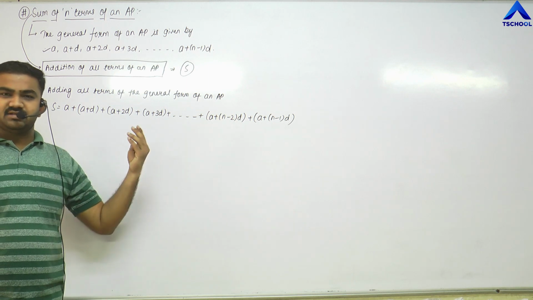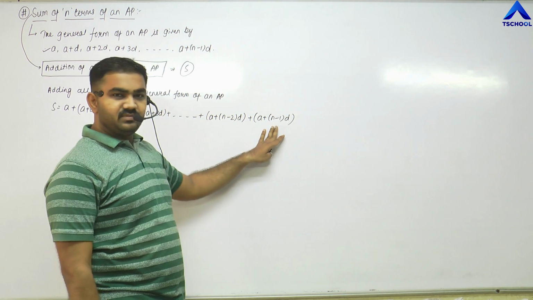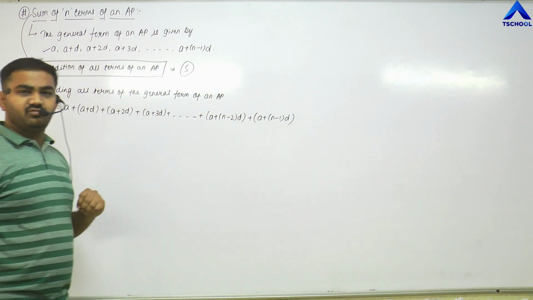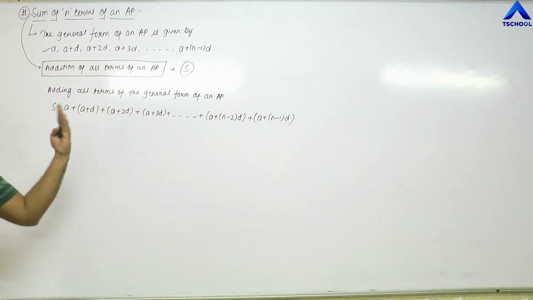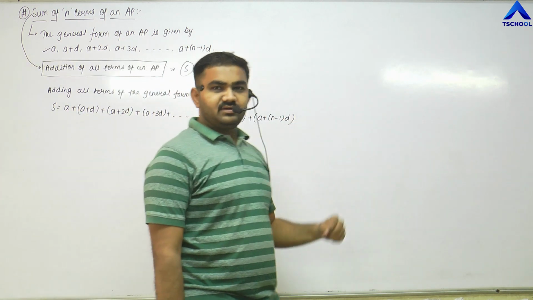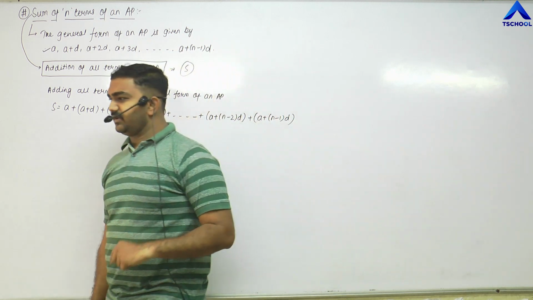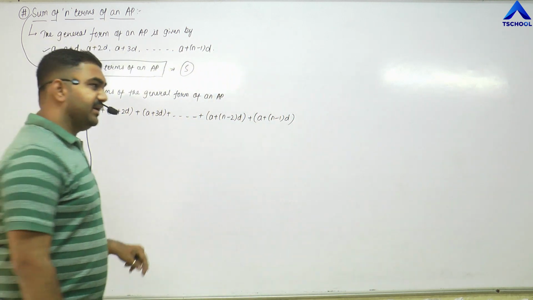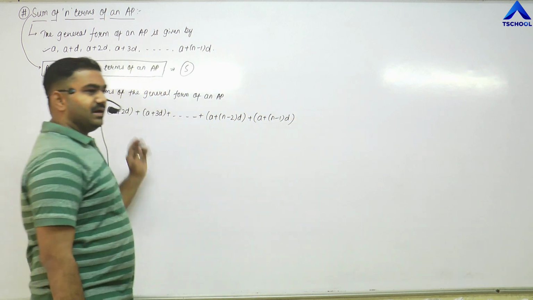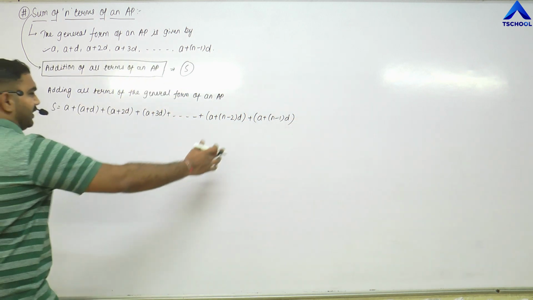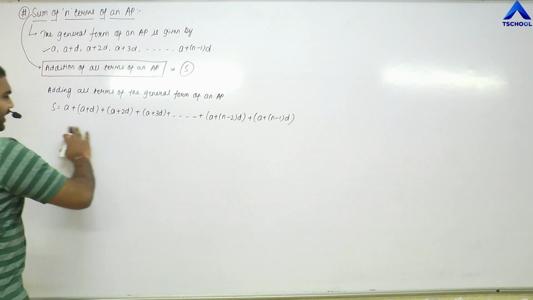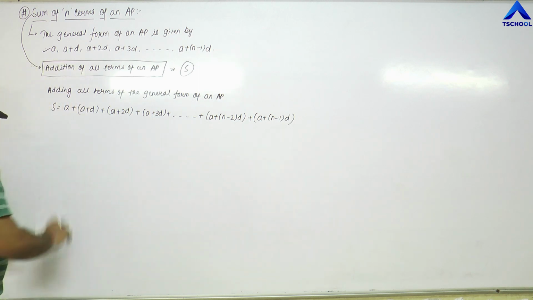That means I have written the second last term. If the last term is n minus 1, then the second last term would be n minus 2, n minus 3 and so on. And the next term after this will be a plus n minus 1 into d, a plus nd, right? So you cannot write the further term, but you are going to write it up to here. So addition of all this is equal to S.